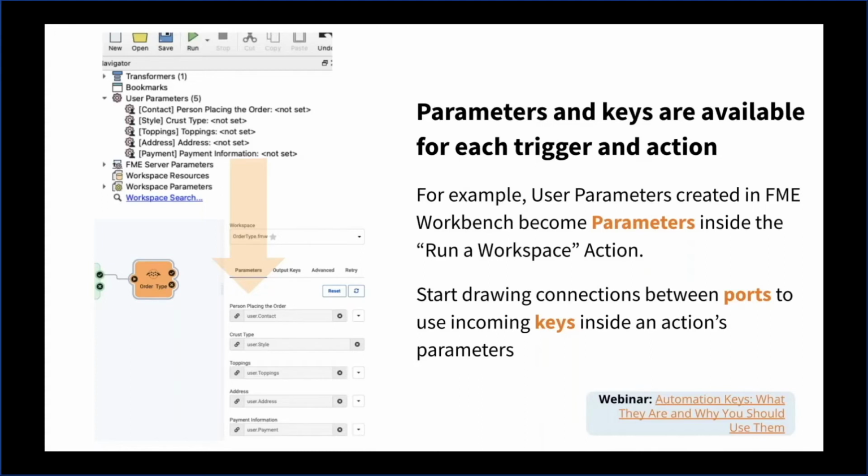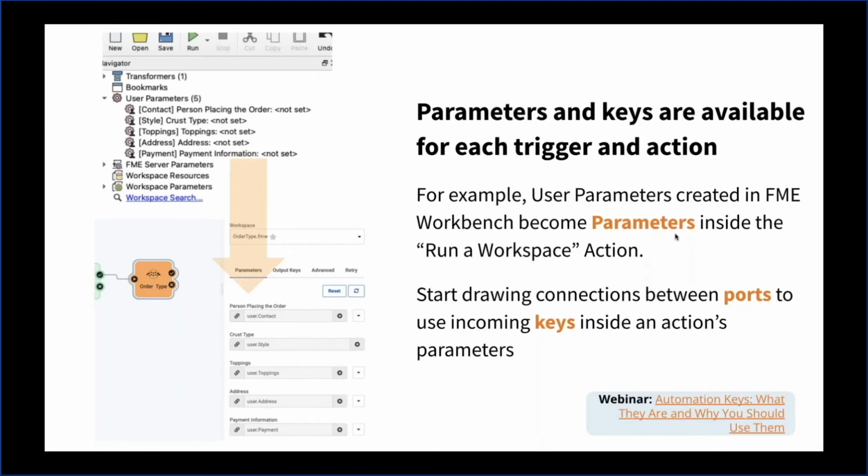So if we use the run workspace action as an example, the parameters within that action may depend on the user parameters that were configured within the workspace. So for example, in our demo, we passed the directory watch file path into our run workspace action in order to use that shapefile in our workspace.